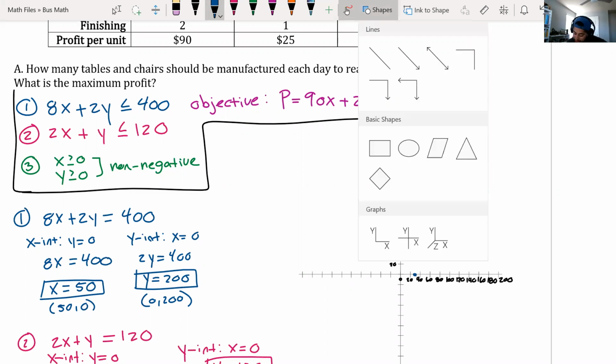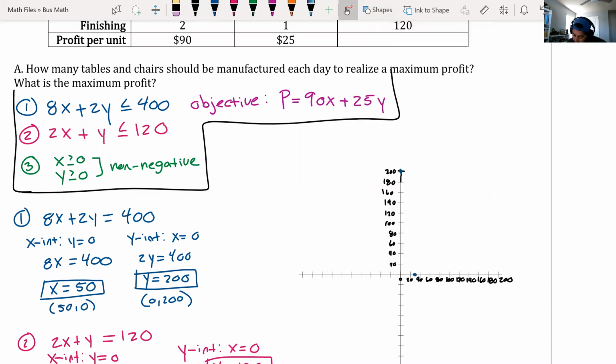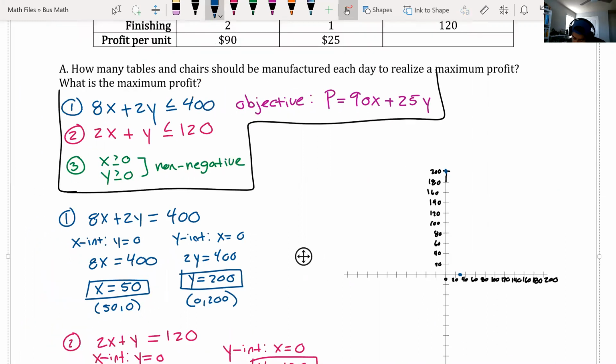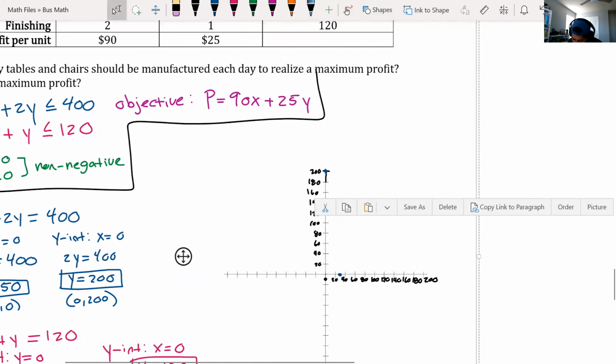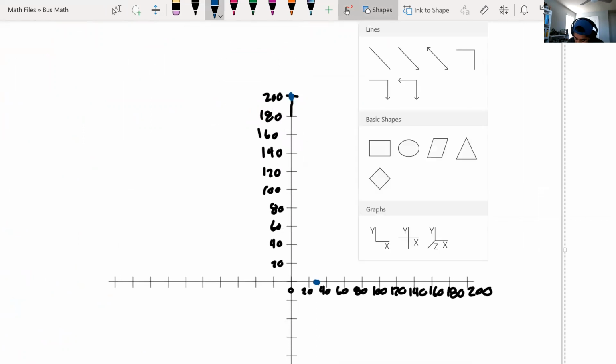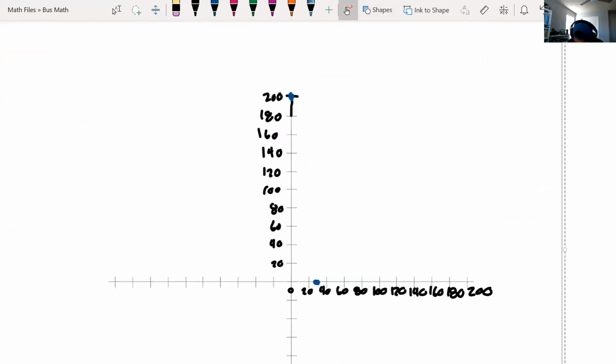And now I'll do my line. Why not? Let's try it out. Oh, it was off by a little. I'll get it. It just moves.